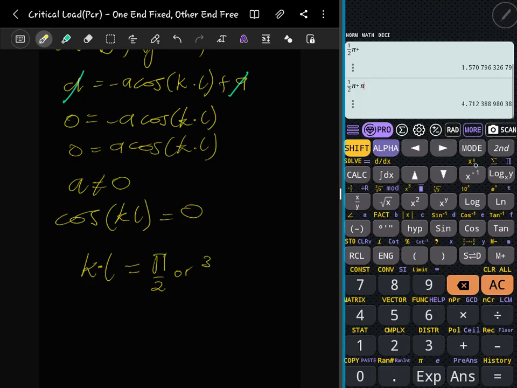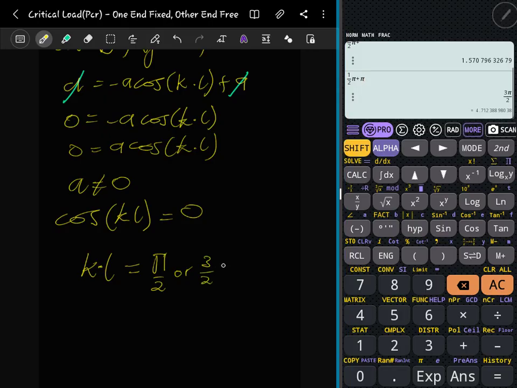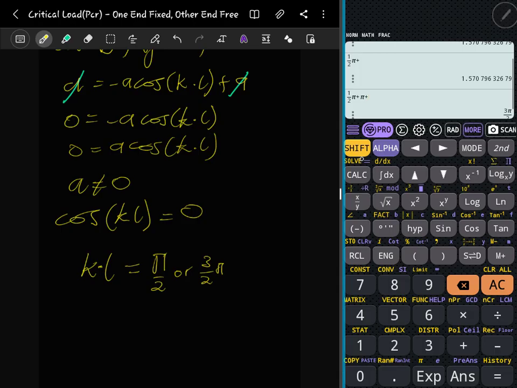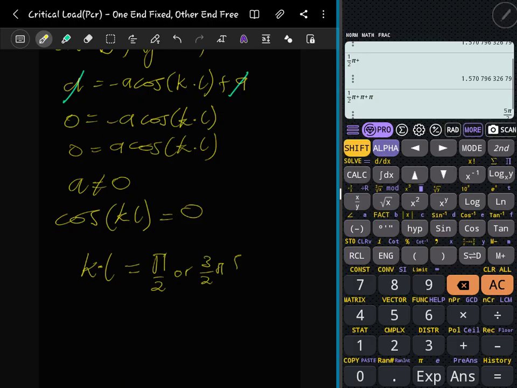When we add another pi, that gives 5 pi on 2. Those are the possible values that will make the cos function go to 0.